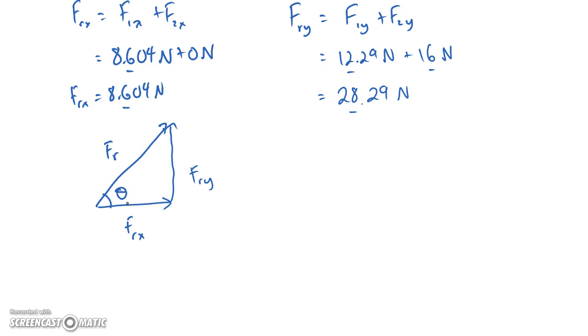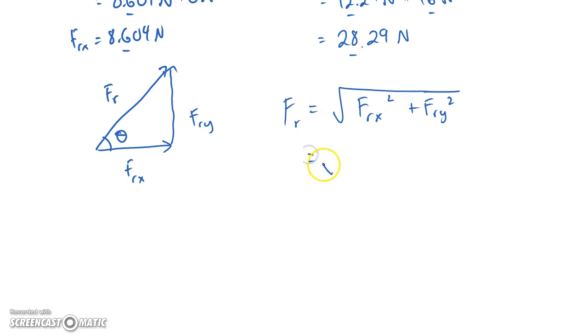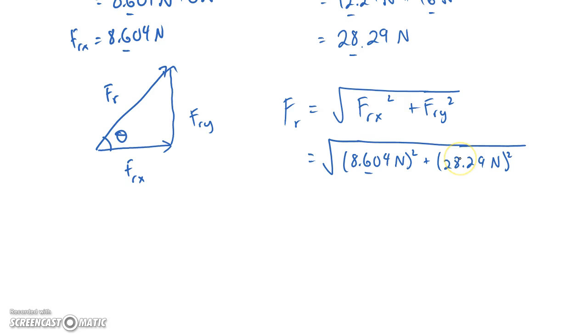We're almost there. Now we got to do a little bit of trig. So remember that FR would be the square root of FRx squared plus FRy squared. Okay, a little bit of trig here, so plug in our numbers. The square root of 8.604 newtons squared plus 28.29 newtons squared.